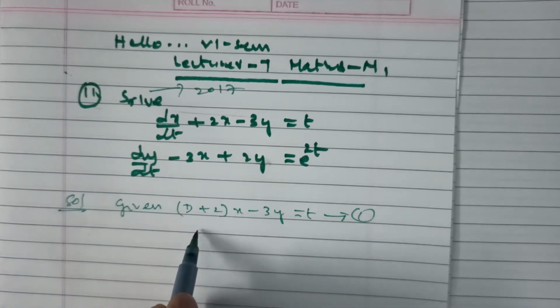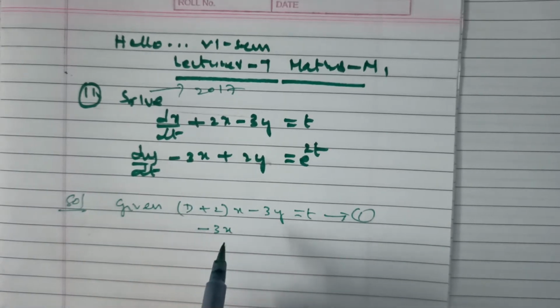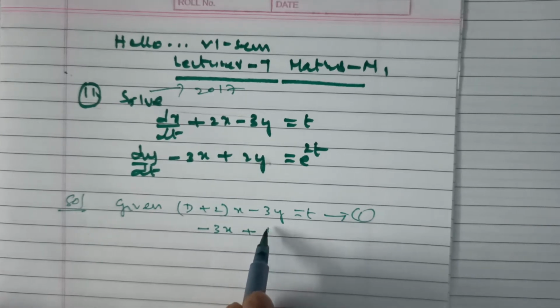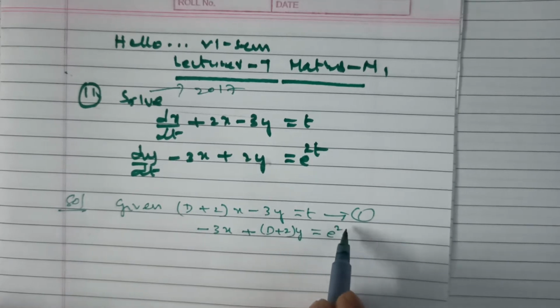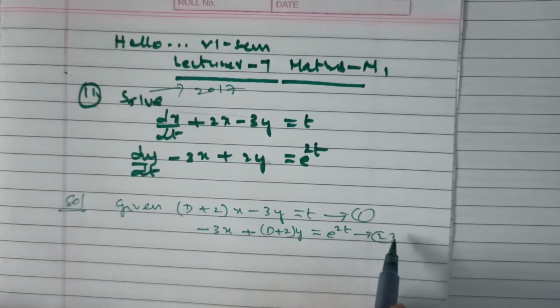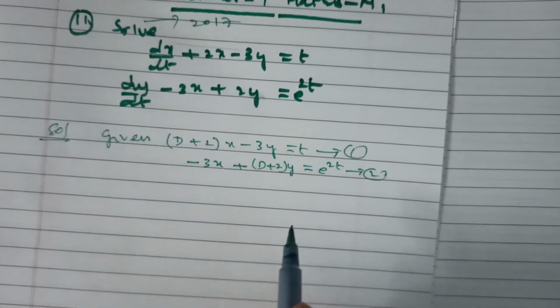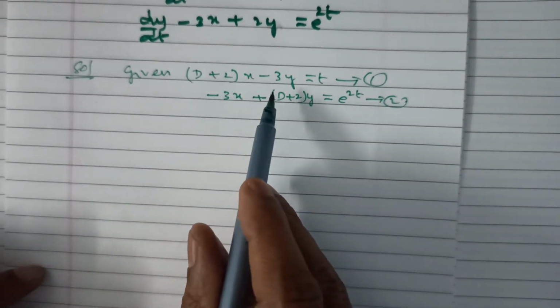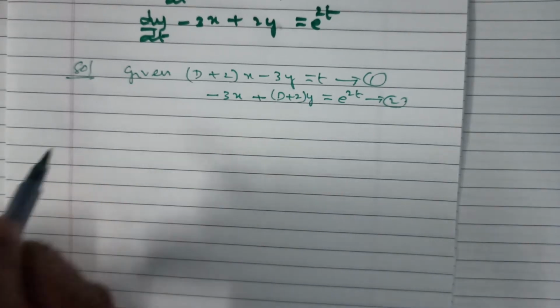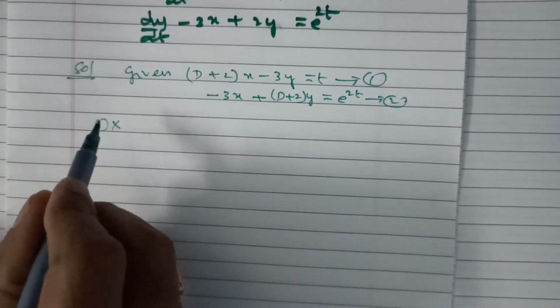Next, x terms to be in the beginning in the second equation: minus 3x plus (D plus 2) of y is equal to e power 2t. So to eliminate y, I can multiply the first equation by D plus 2.